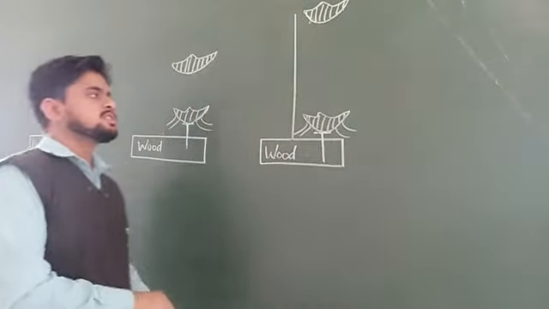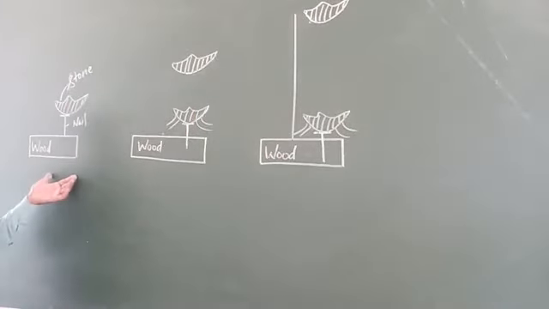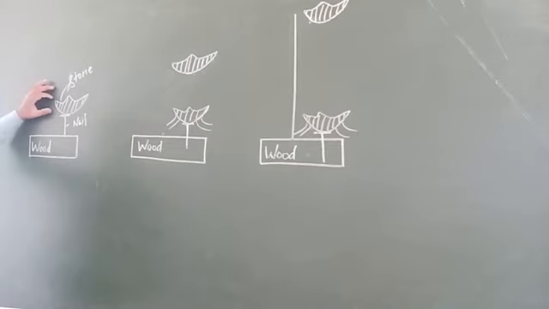Let us consider this example in order to understand gravitational potential energy. So students, here in this example you can see that there is a wooden block on which a nail is placed. Now we have placed a stone just over the nail.